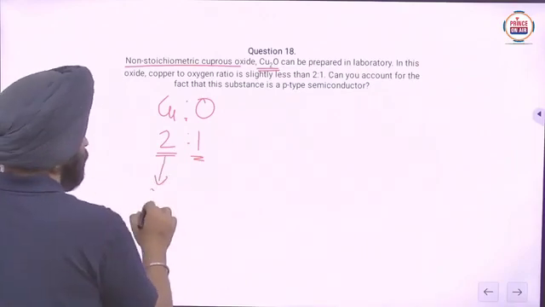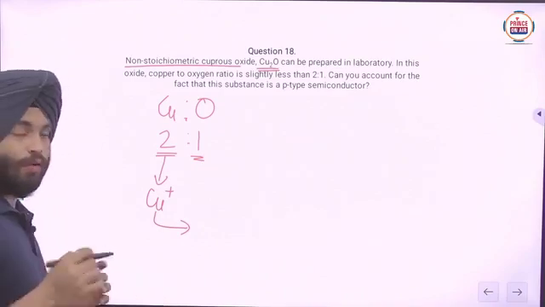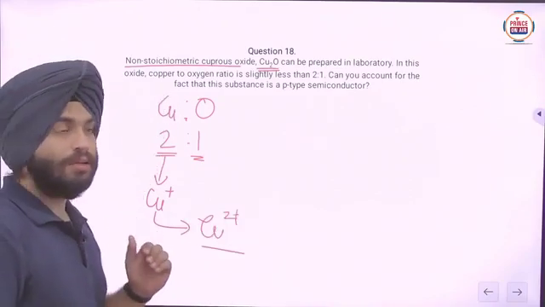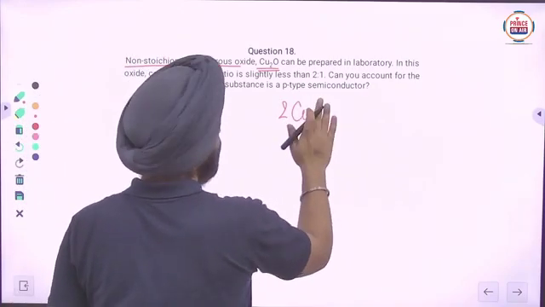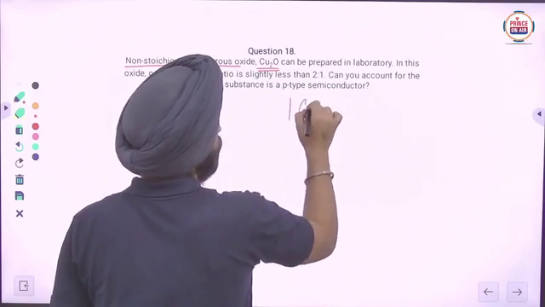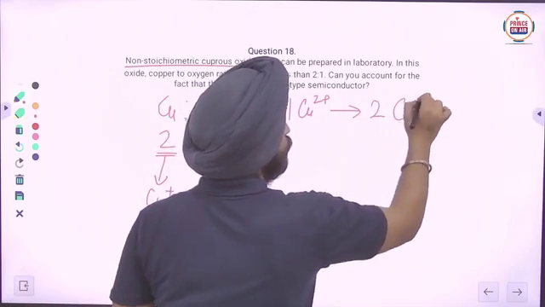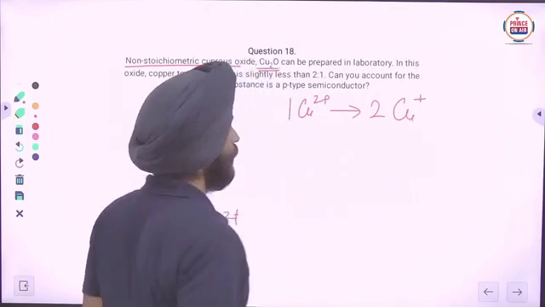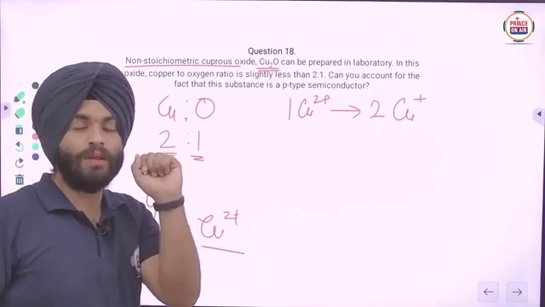Here it is Cu1 positive, but some ions of Cu2 positive are also present there, just replacing the Cu1 positive ions to balance the charge. You can see that. Just think about it.